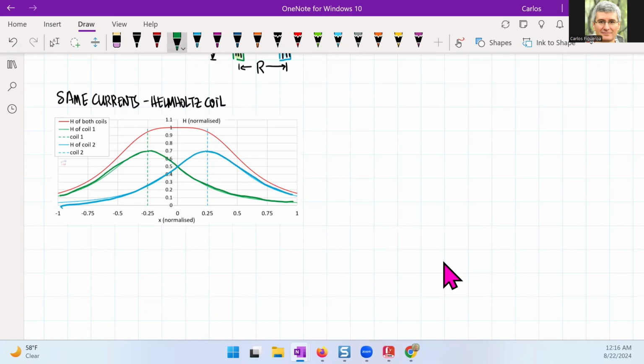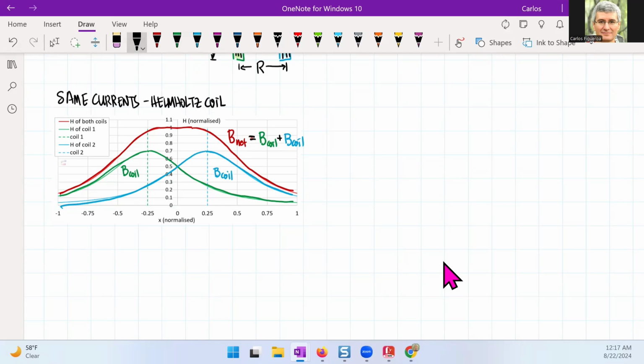So this is the magnetic field of the green coil, and this is the magnetic field of the blue coil. But now look at the red. The red here is the superposition of these two fields. Note that it says normalize, so it actually skews it a little bit, but this says that the net field is going to be a combination of the green coil plus the blue coil. That's how I get this magnetic field.